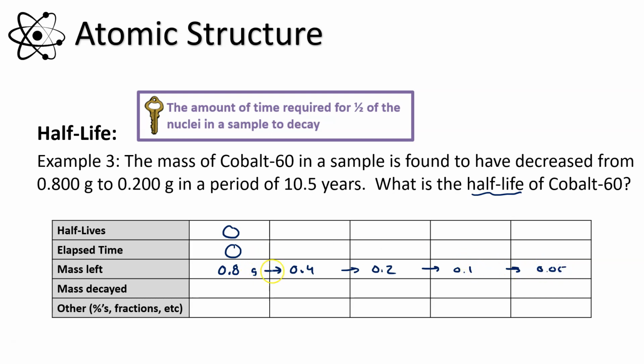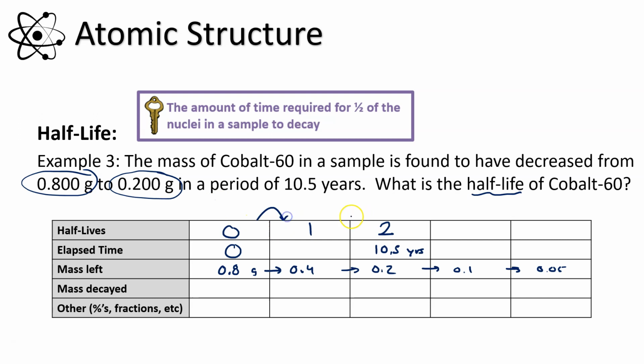The twist here is that it's saying it goes from 0.8 grams to 0.2 grams. So that's a little unique in that to get from 0.8 to 0.2, that's not one half-life, that takes two half-lives. And that total time period is 10.5 years. And from this information, it's asking for the individual half-life.